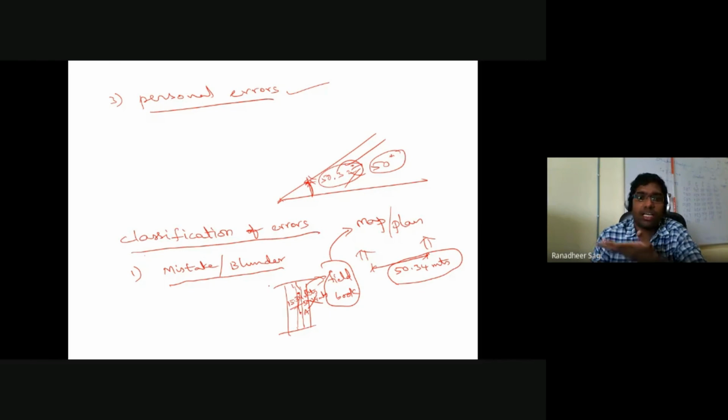Instead of noting it as 50.34 meters, you are noting it as 15.34 meters. Such an error is what we call a blunder. Okay. The next type of error is the systematic error.